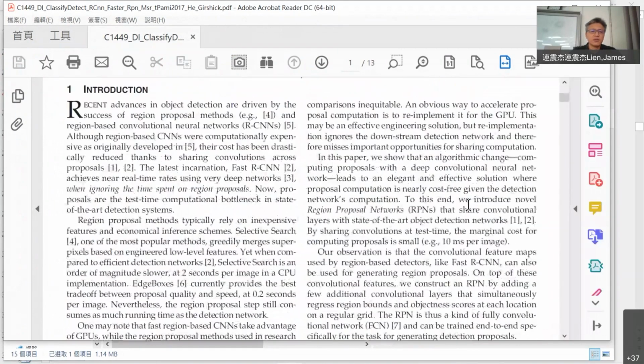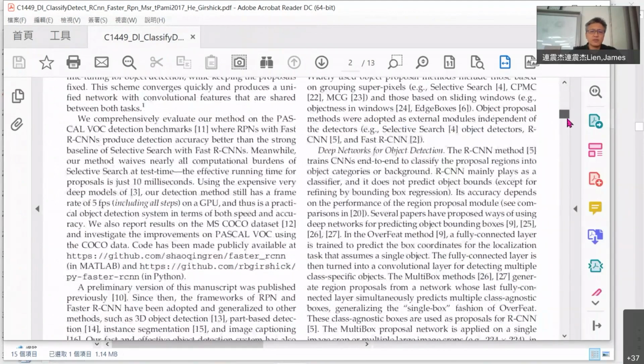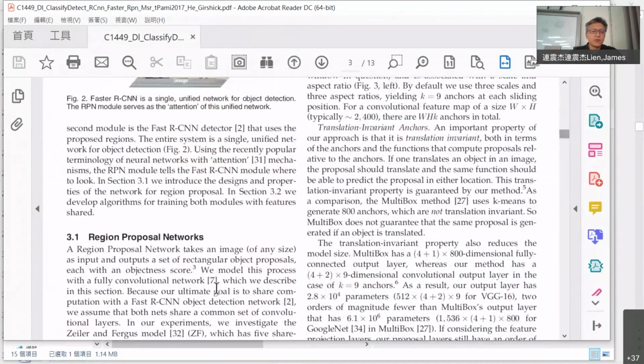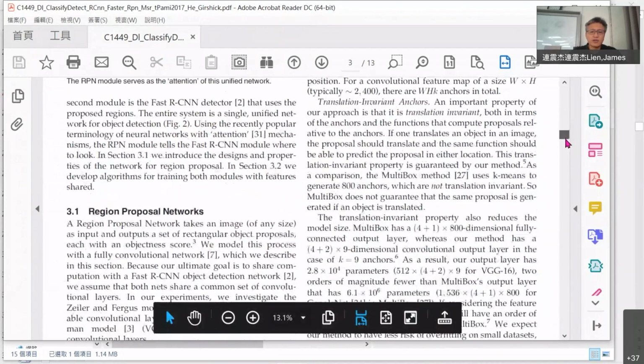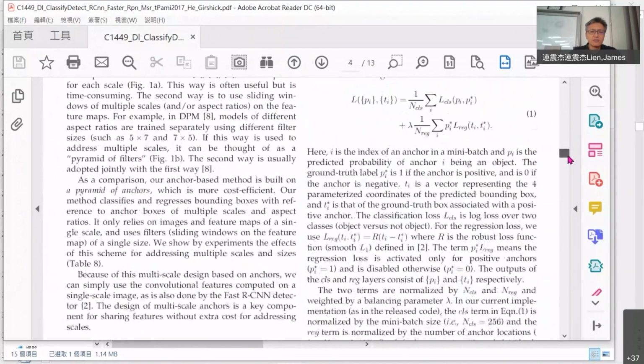The important parts are the region proposal network and the loss function.